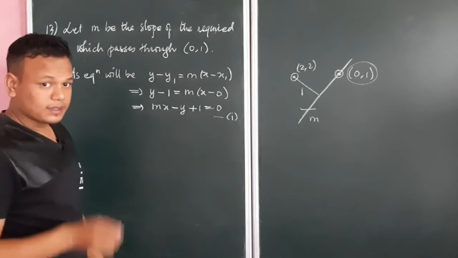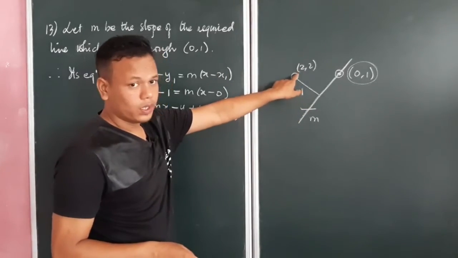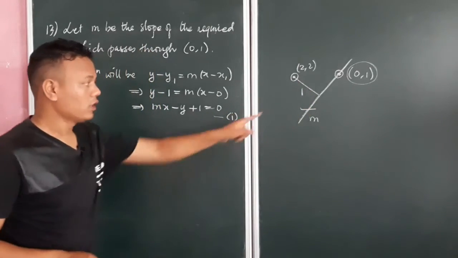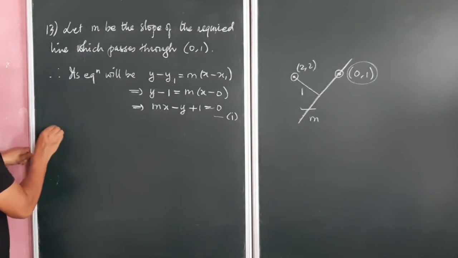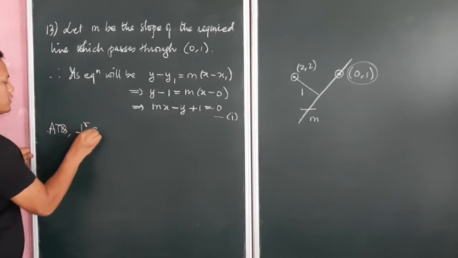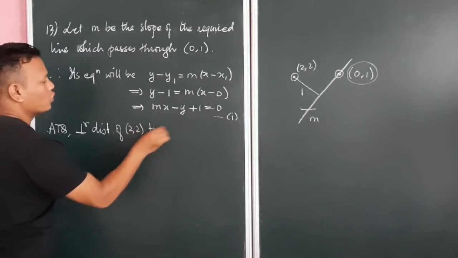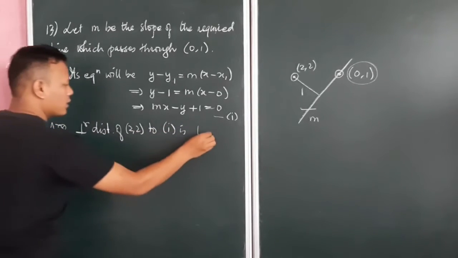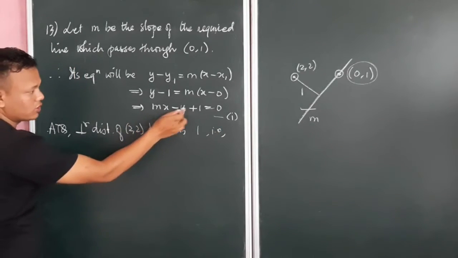Now the next thing given to us is, if I drop a perpendicular from (2, 2), then the length of that perpendicular has to be 1 unit. So according to the question, the perpendicular distance of (2, 2) to equation 1 is 1. Here a is m, b is minus 1, c is 1.